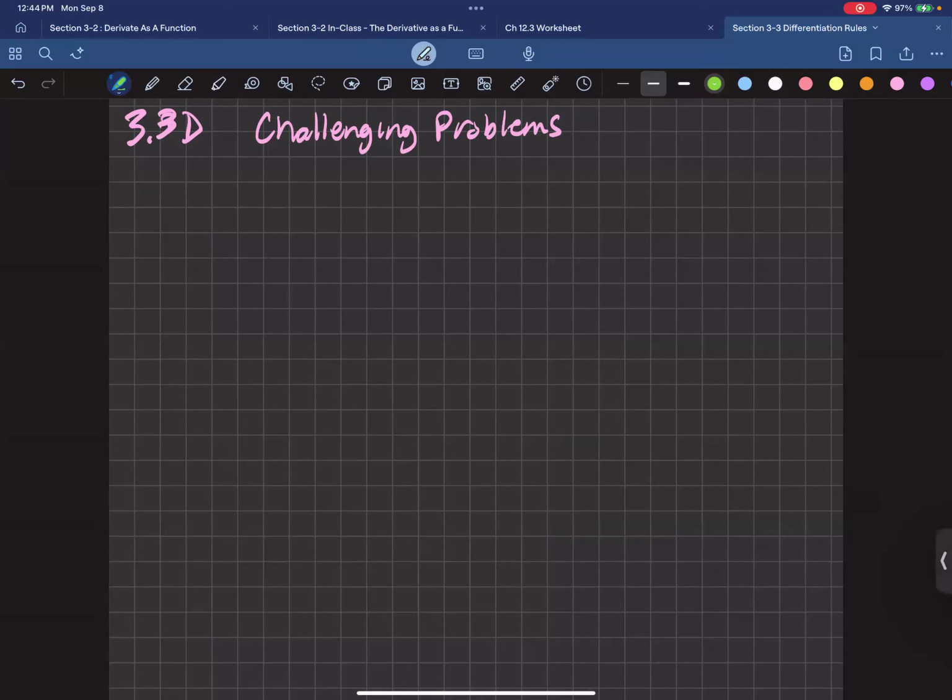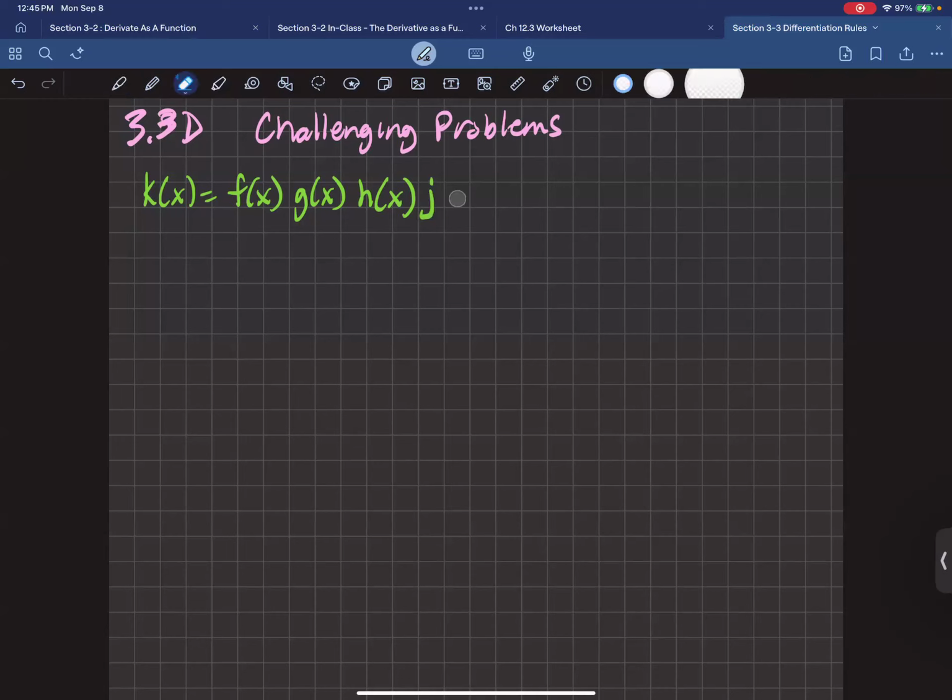So let's say k of x equals f of x times g of x times h of x. I can even add more. Let's add a j, just to illustrate how well this works.